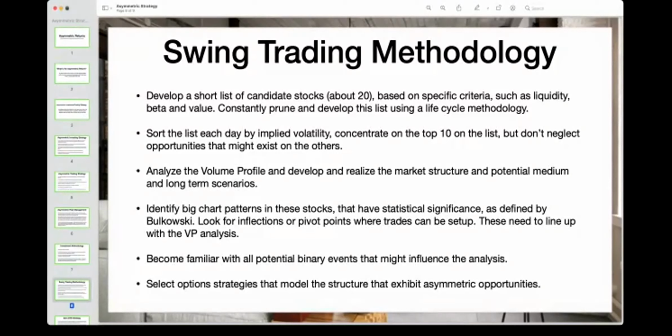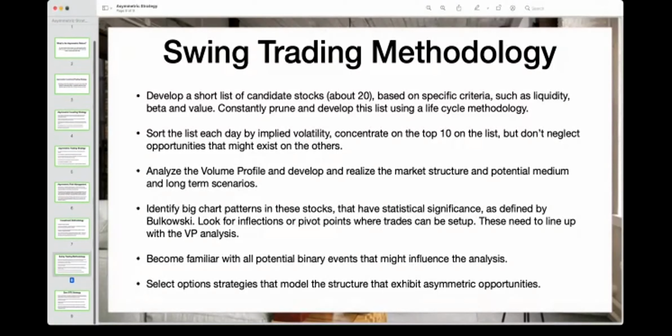Things like earnings, product announcements, even things that are external to that specific stock that might happen in the market, like global macro issues, economic reports, that sort of thing. And then we select option strategies that model the structure that we create in the volume profile. And we place them in such a way that we're expecting price to move into our asymmetric return. So that's basically how we do it.